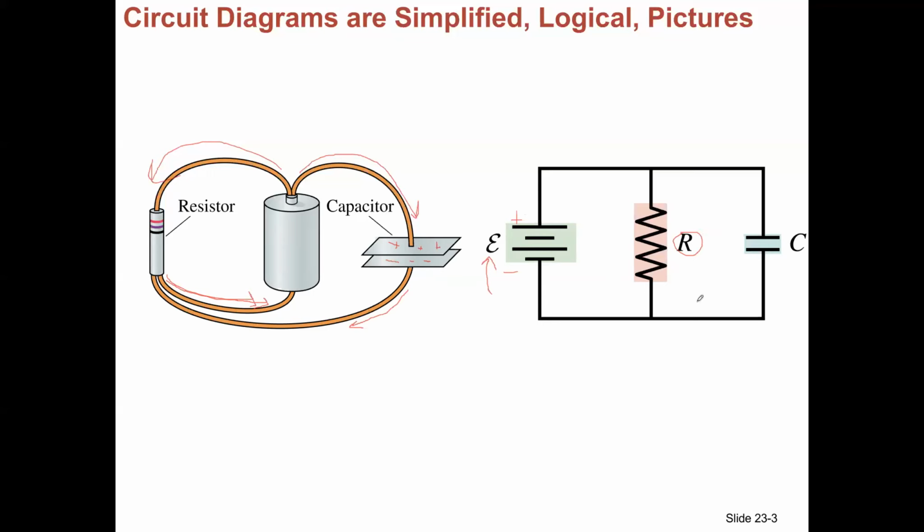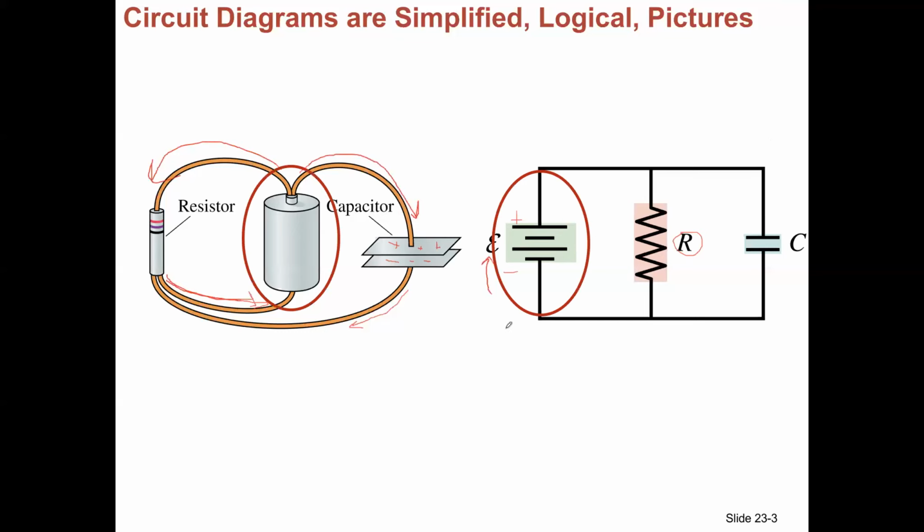So for now, I'll just not talk about that much, other than to say that this circuit here, we have the current splitting from the battery and going to the resistor, the capacitor, and then getting back to the battery. Both of these things show the same logical equivalent.